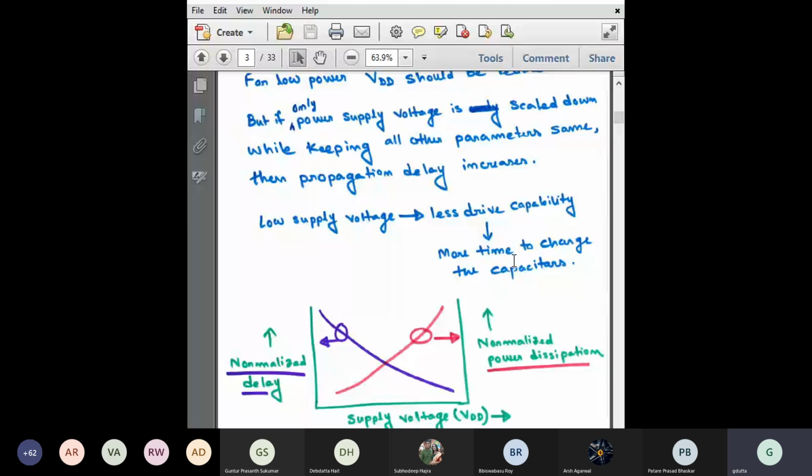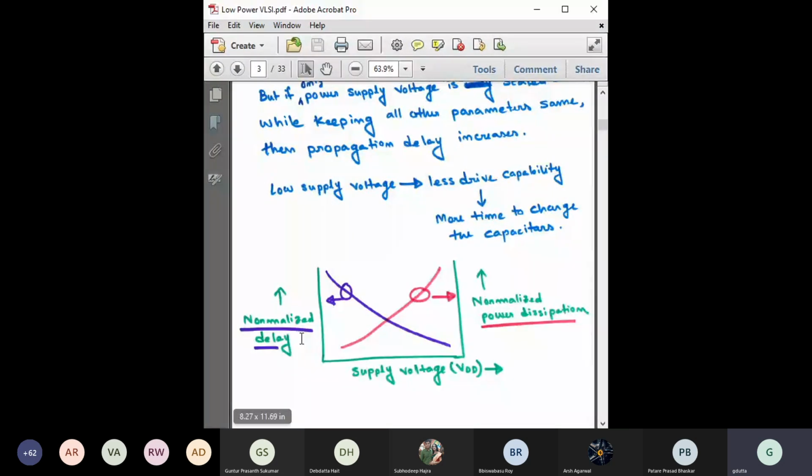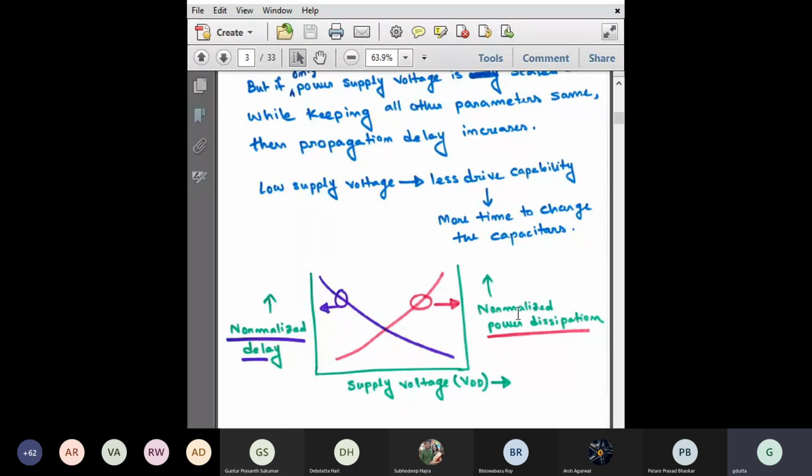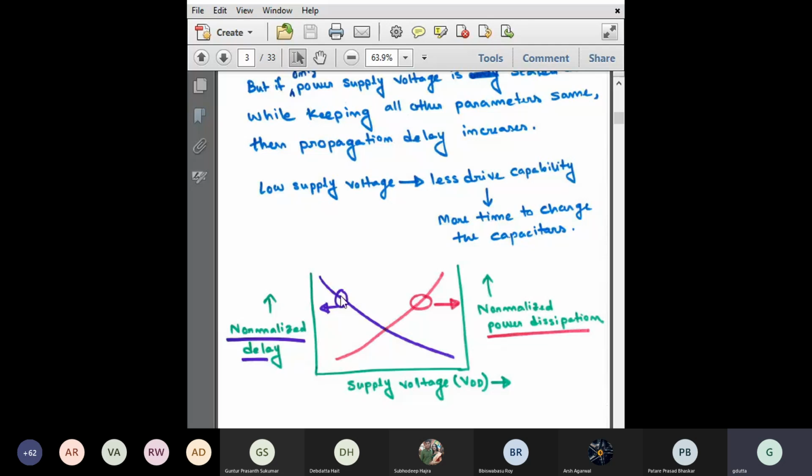And we have also seen this type of plot earlier, where on the left side axis we have plotted the normalized delay, on the right side y axis the normalized power dissipation, and here the supply voltage. Starting from 0 volt and going towards VDD, as you increase the supply voltage, the normalized delay is reducing, but the power dissipation is increasing.